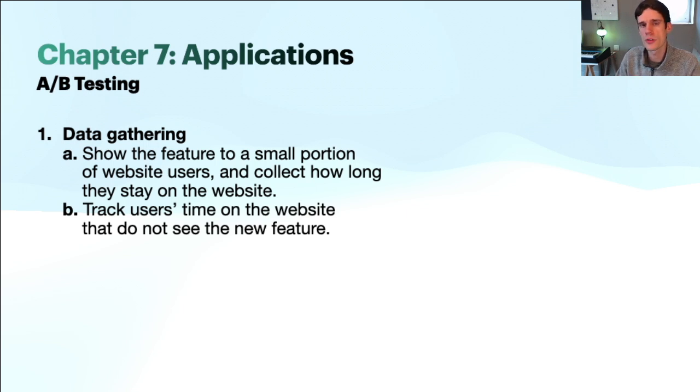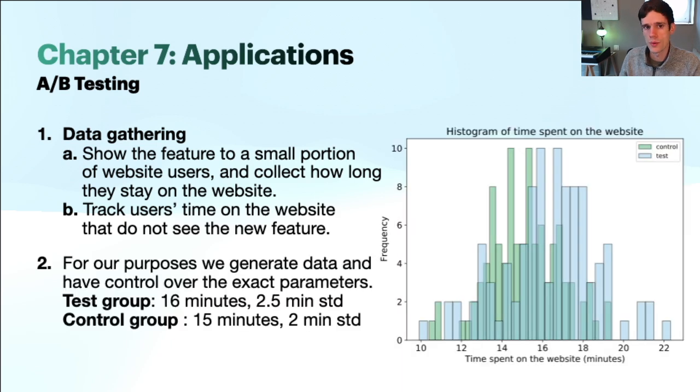So how do we of course do this in this course? Well, as always, we generate our own datasets. Now in this case, we generated the data in the following way. The test group, which is the subset of people that are shown the new feature, so the automatically playing video, has an average time spent on the website of 16 minutes, and the standard deviation is 2.5 minutes.